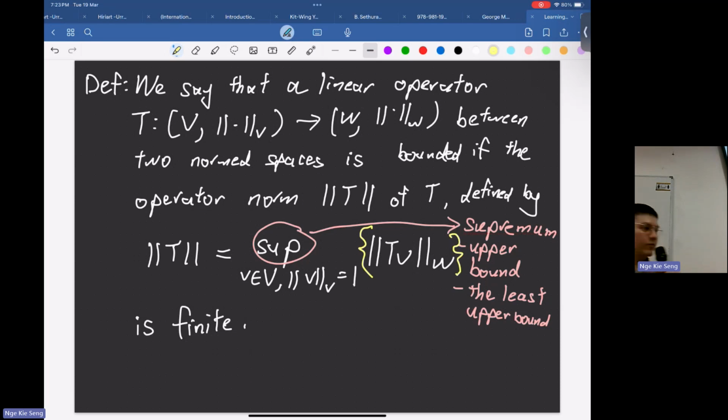Usually we don't write it like this, but we know this is a set because we let T act on all v such that the length of v is 1. So it's a unique length. Maybe you will ask why unique, why length 2 or length 3 cannot be used? Then that would be a problem to show that this actually defines a norm. If you try to show this operator defines a norm, then you need the length of v to be 1. Make sense or not?